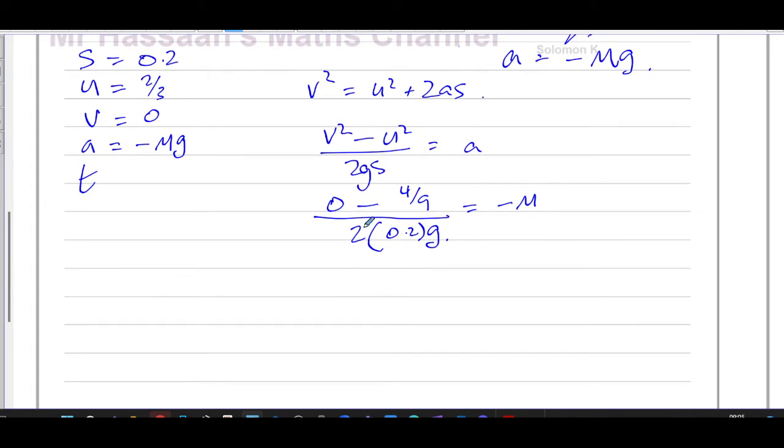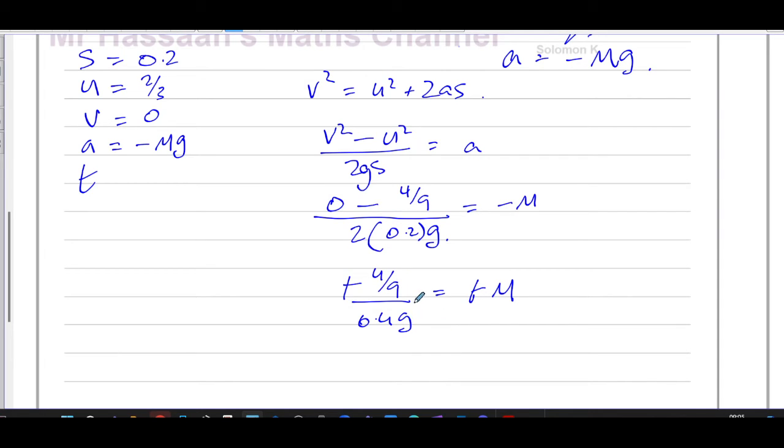So now we have 4 over 9 divided by 0.4 g equals negative mu, so the minuses cancel out. You end up with mu equals 4 over 9 divided by 0.4 g.